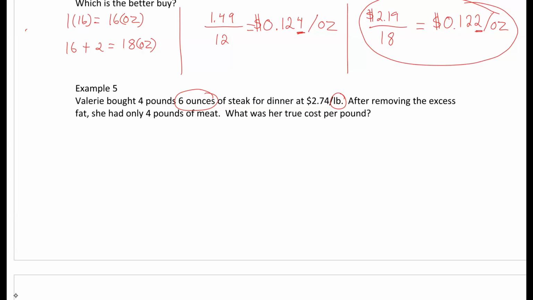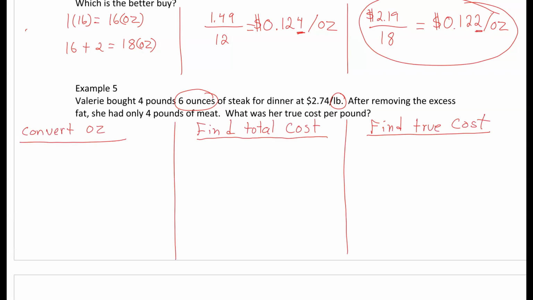Then the second thing is you're taking that amount and multiplying it by your cost of $2.74 per pound. The last thing you need to do is divide it by your 4 pounds of meat, and that'll tell you what your true cost is. If you follow these steps, you'll get your final answer.